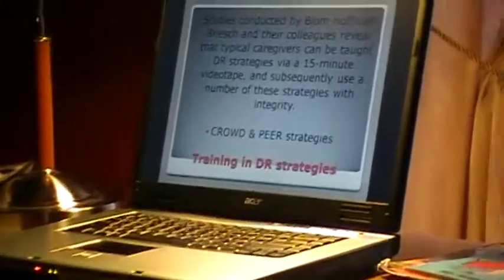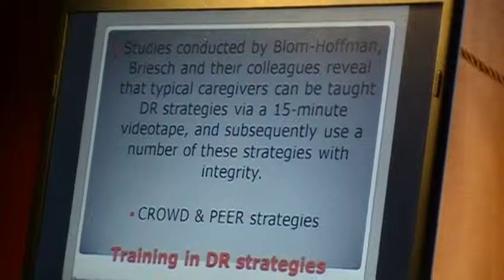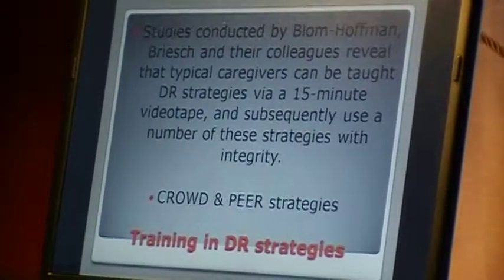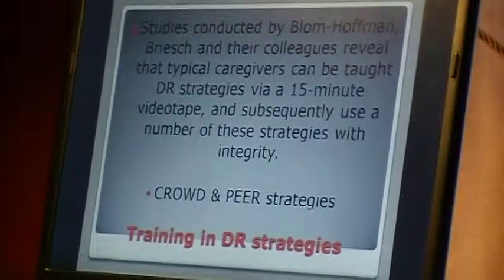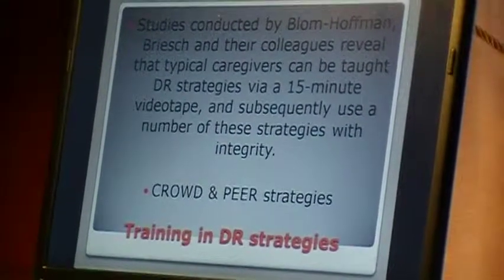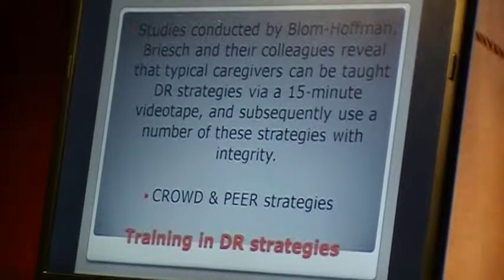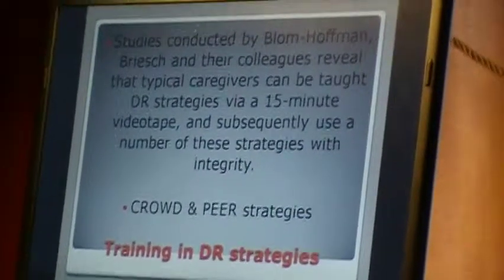Studies conducted by Blum, Hoffman, Breach, and their colleagues revealed that typical caregivers can be taught dialogic reading strategies by a 15-minute videotape and subsequently use a number of these strategies with integrity. In those videos, CROWD and PEER strategies were used.